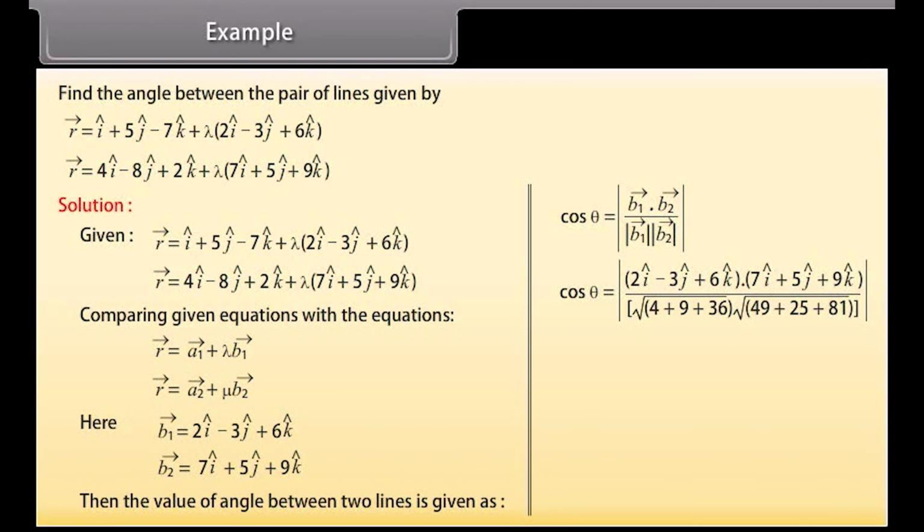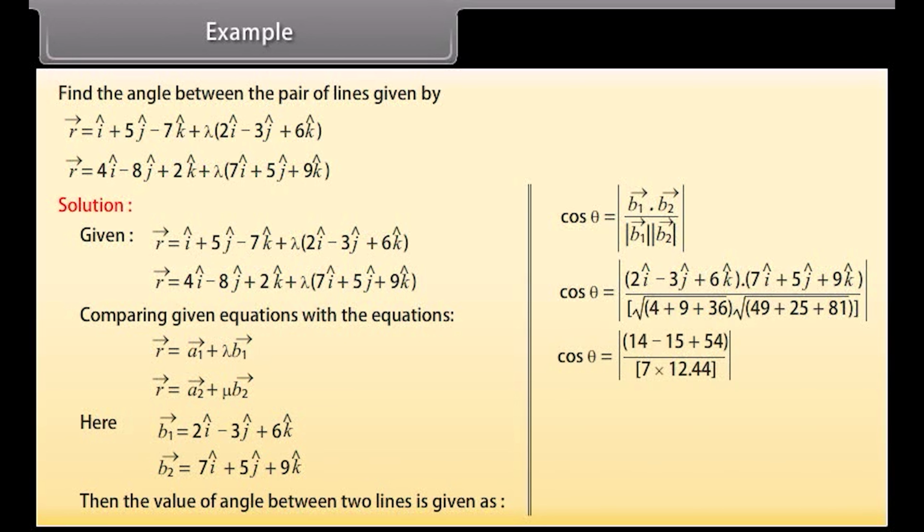Cos theta equals modulus of the dot product of (2i minus 3j plus 6k) and (7i plus 5j plus 9k) divided by square root of (4 plus 9 plus 36) into square root of (49 plus 25 plus 81).